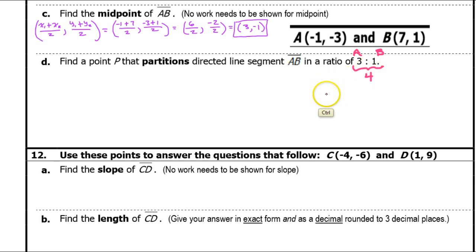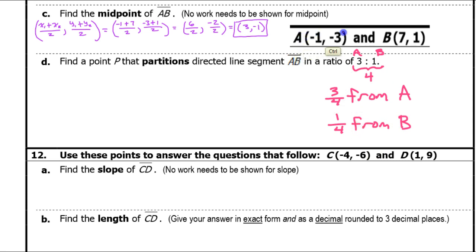Let's write down those important fractions that I just said. So we have 3/4 of the way from A. Okay, that's where our split will be. Or we will be 1/4 of the way from B. We can use either one of these whenever we want.